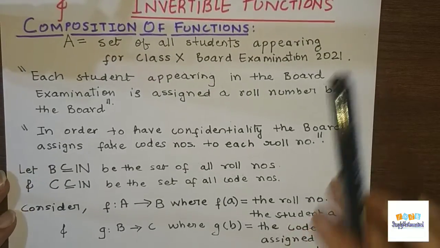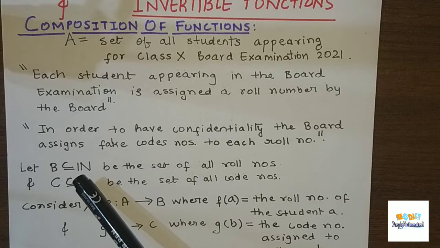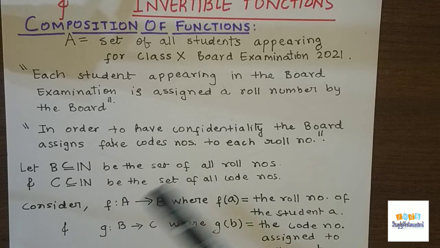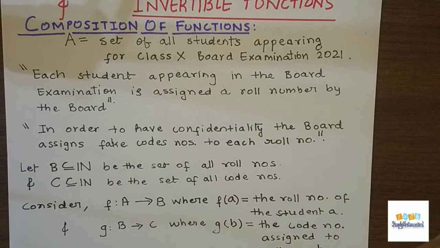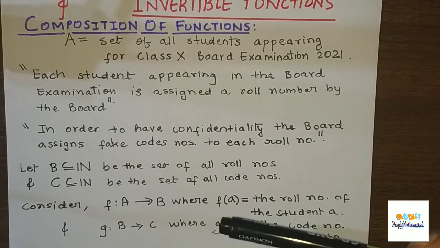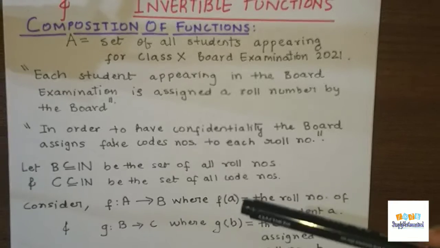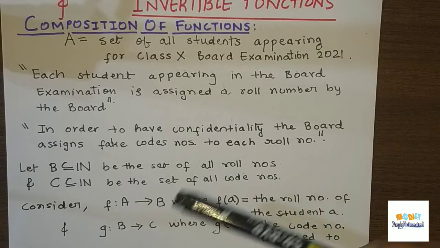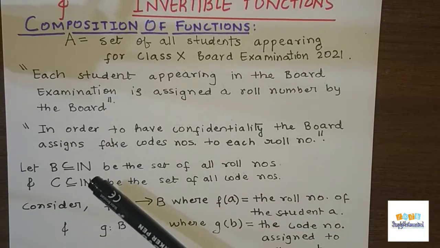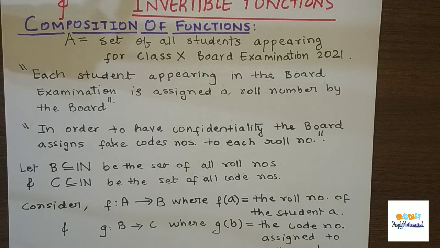Now let this set B, which is a subset of the set of natural numbers, be the set of all roll numbers. You know that roll numbers can be natural numbers only. They cannot be integers, that is negative natural numbers, or rational numbers, or even irrational numbers. So the set B which you are taking will be a subset of the set of natural numbers.